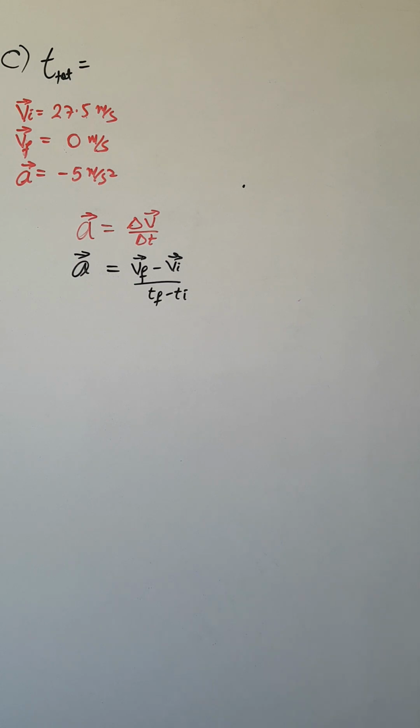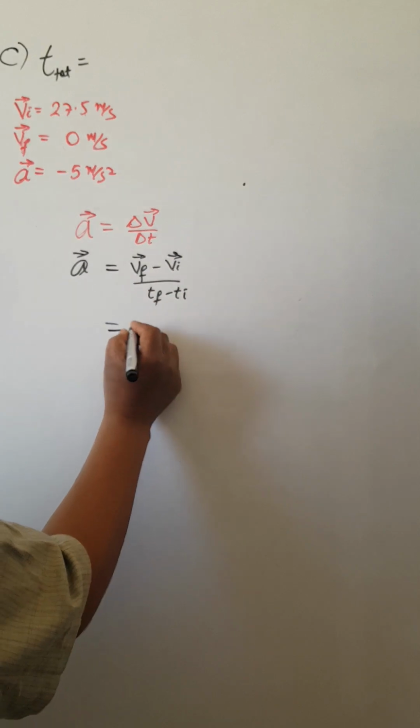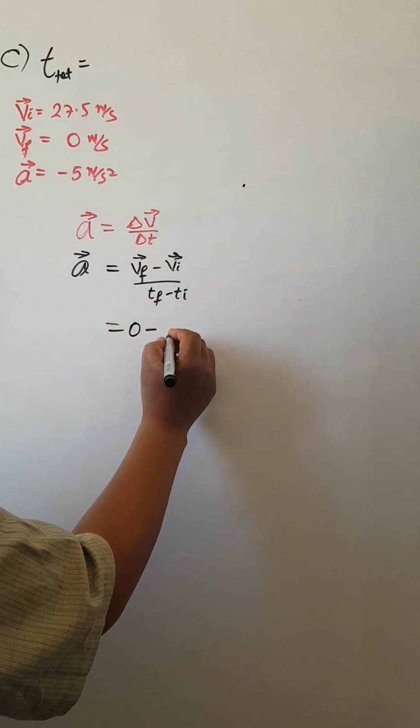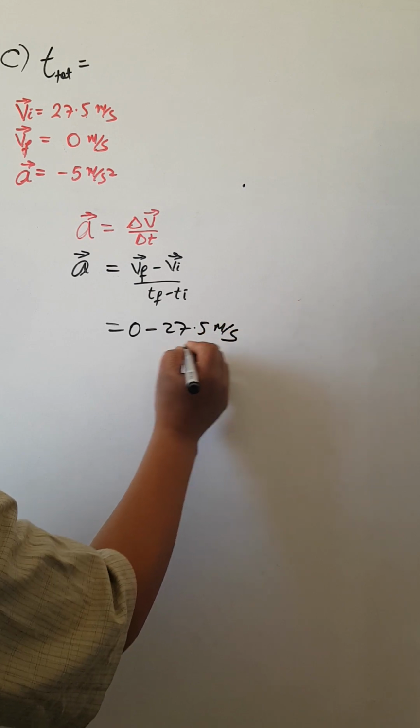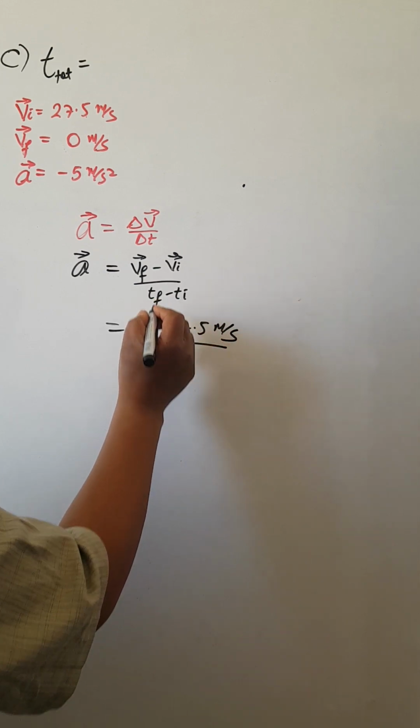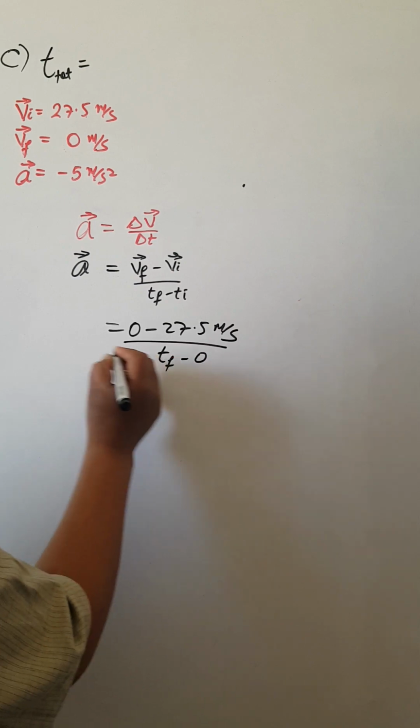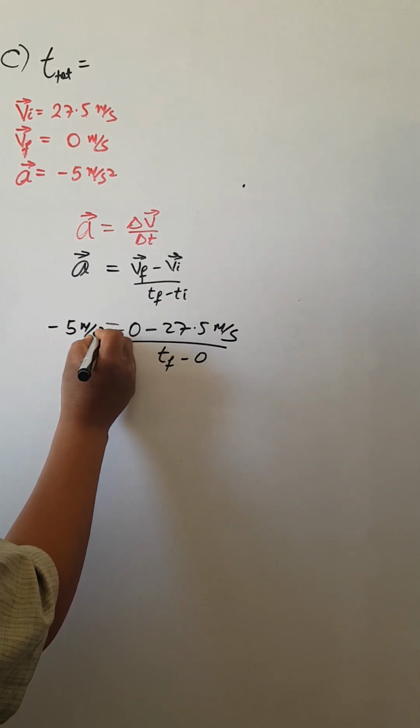In our case, ti is taken as 0 because we start where we are supposed to find the total time, the time taken by the track to come to 0 meter per second. So 0 minus 27.5 meter per second divided by tf minus 0 equals negative 5 meter per second squared.